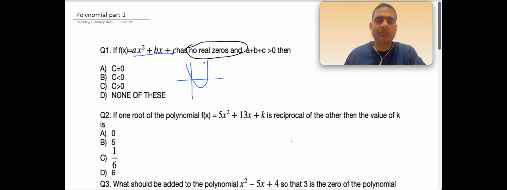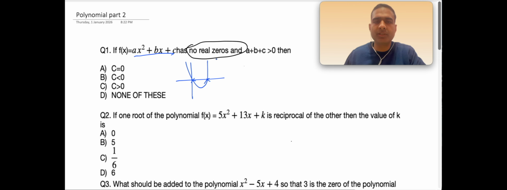It may be opening upwards or opening downwards. And the points where it cuts the x-axis are the zeros of this polynomial. But the question says that this polynomial has no real zeros. It means the parabola is not cutting the x-axis. It means it is either totally above the x-axis or totally below the x-axis.